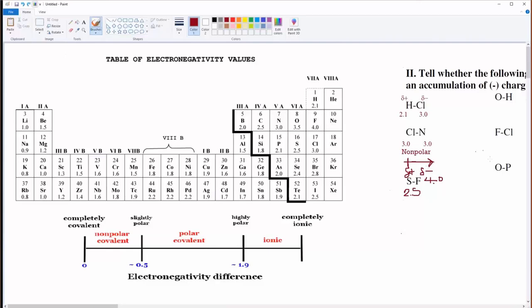All right, let's do OP. Is the OP bond polar? And if so, which side gets the partial plus, which side gets the partial minus?